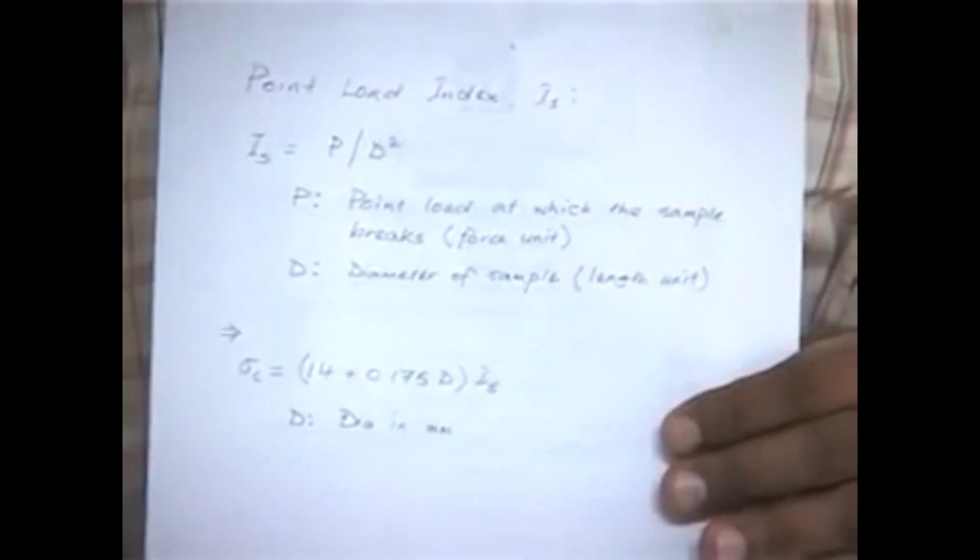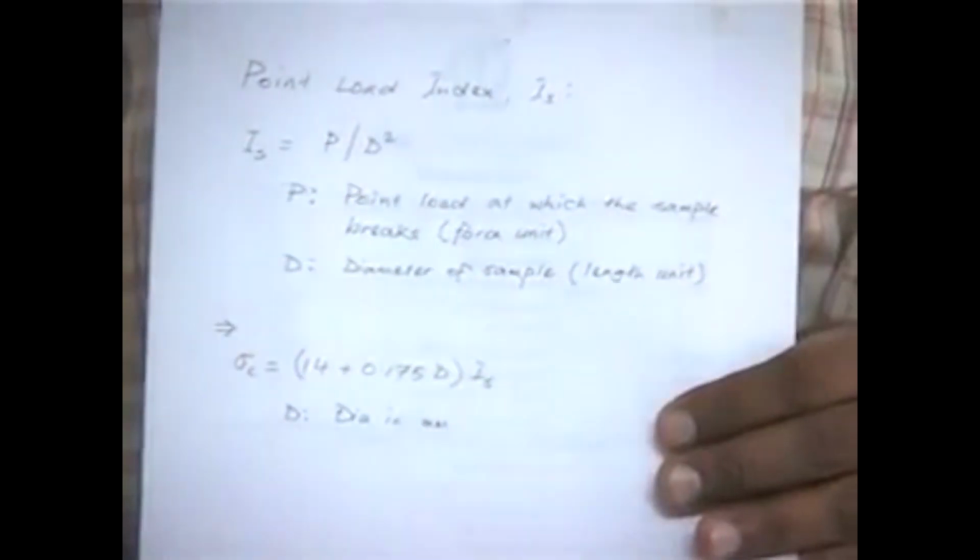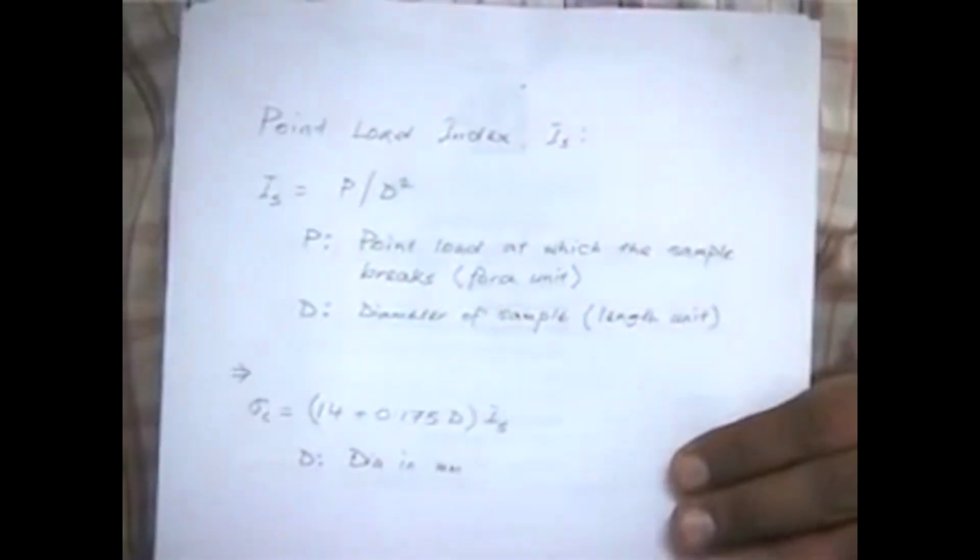So we have to multiply the pressure recorded by the diameter of the ram of the hydraulic cylinder to get the value of P, and D is the diameter of the sample, in length unit.